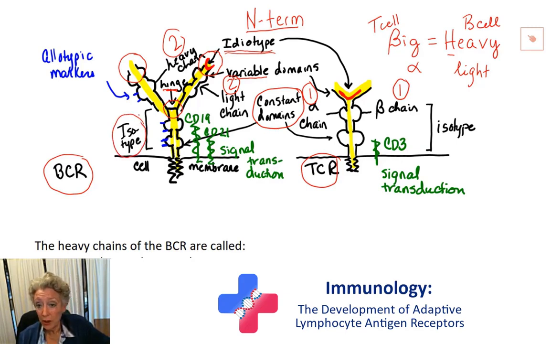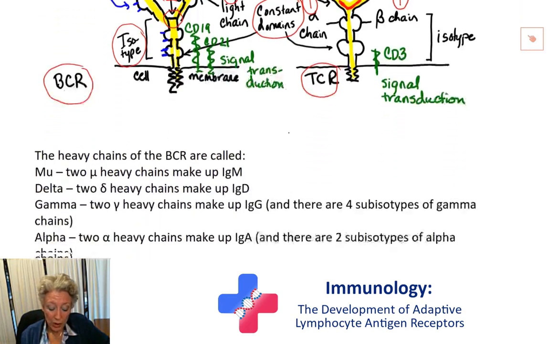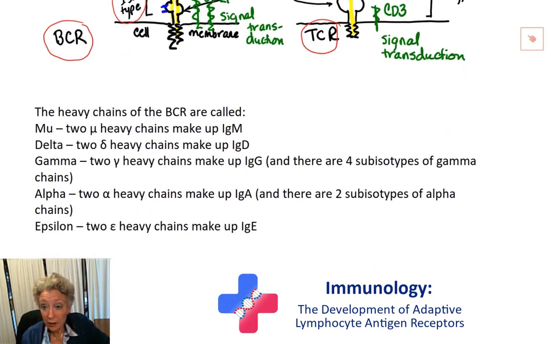Okay, you probably already know the isotypes of B cell receptors are defined by the constant domains of heavy and light chains. So when we talk about those, we again revert back to the Greek alphabet. If a heavy chain is of a mu type, those would be the two heavy chains put together that would make up an IgM molecule.